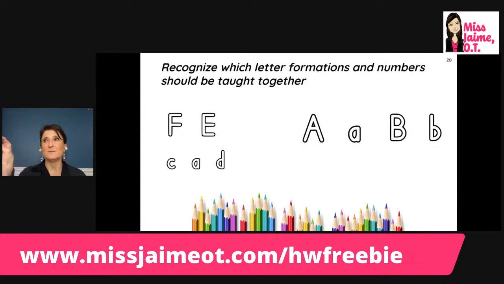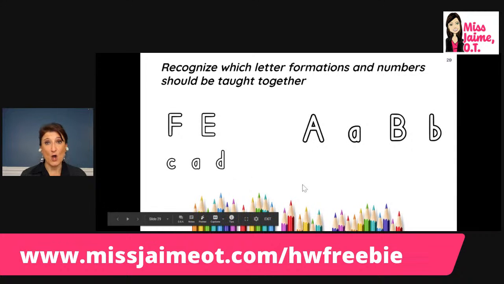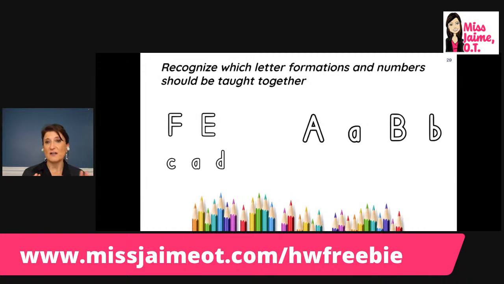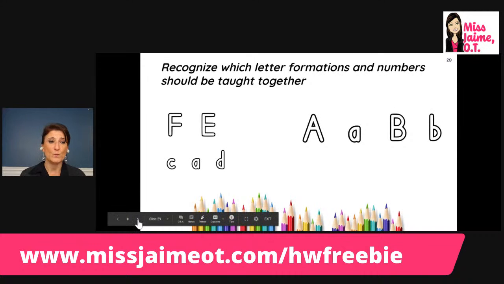And then we're asking them to make a little curve and then an up down. And we're saying that these 2 letters go together. But from a child's perspective, they're not similar at all. So it's important for us to think about that and think about how can I set up my child for success by teaching them a foundation and then adding a step to teach them something new.